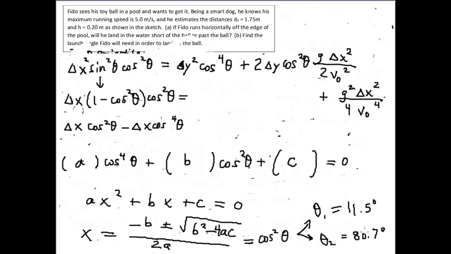Probably not too surprising if you have a problem like this over level ground. If delta y is equal to 0, there's always two possible angles that will give you the same horizontal distance, and that's also the case in this problem. So Fido could decide he could either take the shallow launch angle of 11.5 or the much steeper launch angle of 80.7, and they would both land him in the water on top of the ball at the same place.